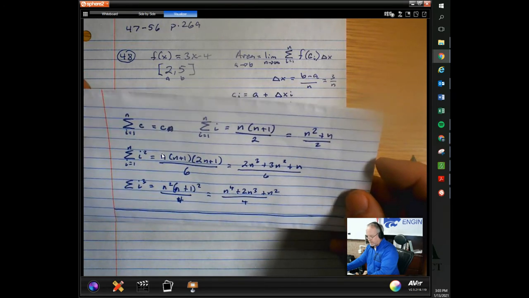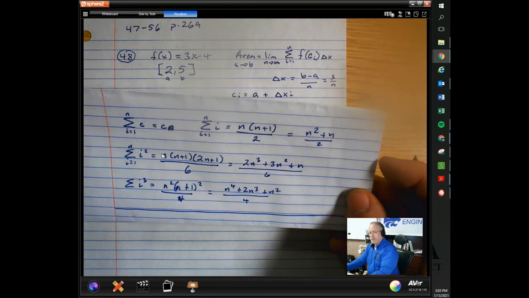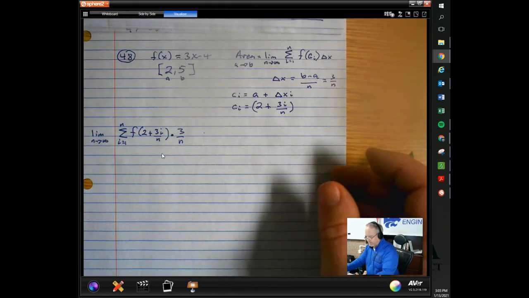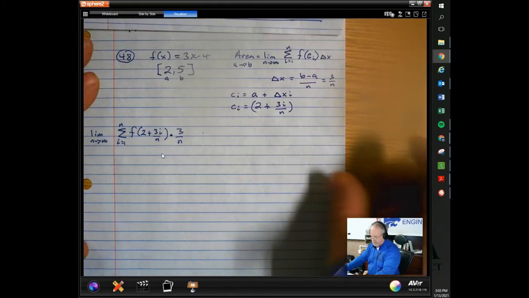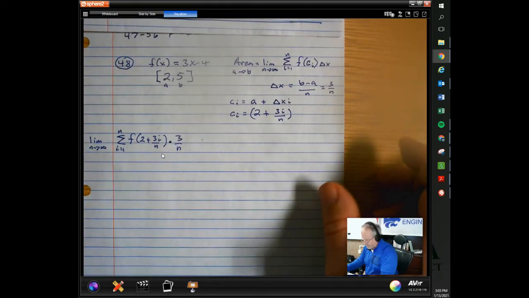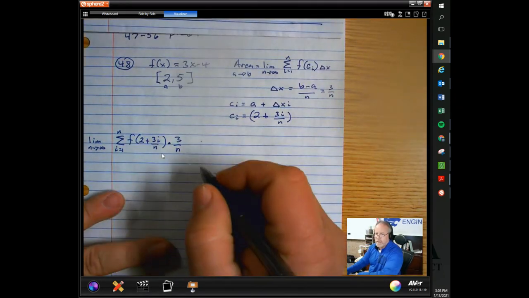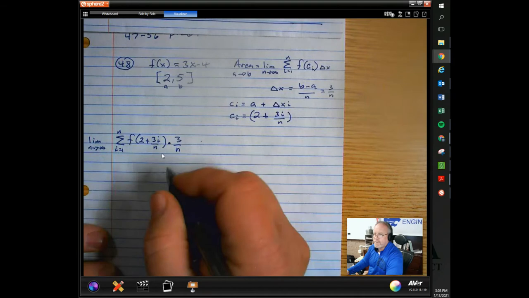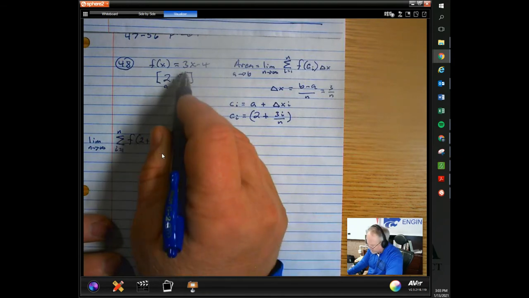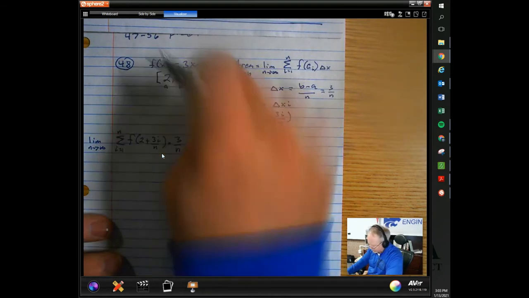Okay, so this was what we wrote down the day before. And it's on page 263, somewhere around there, I think 263. All right, so I have this right now, and so my function itself is 3x minus 4, so I'm going to put that in now.